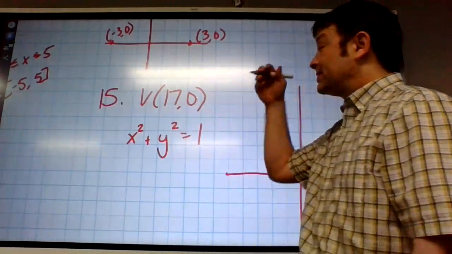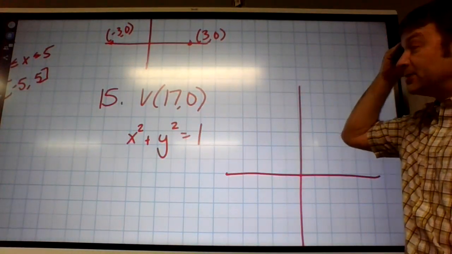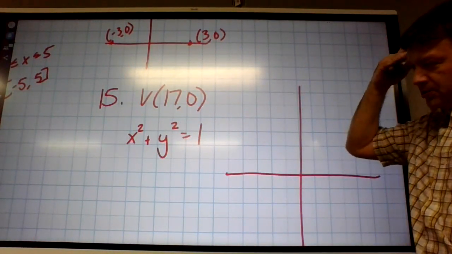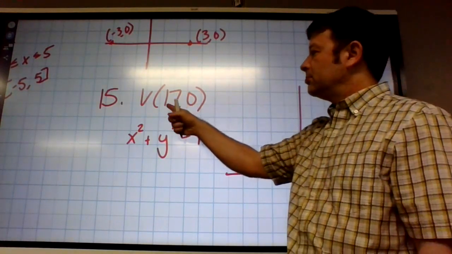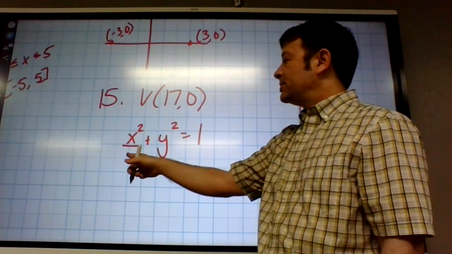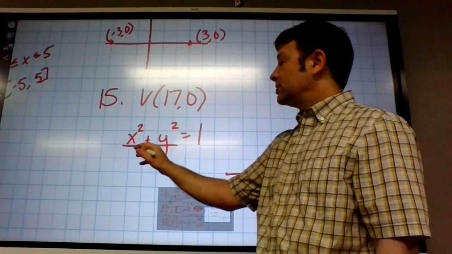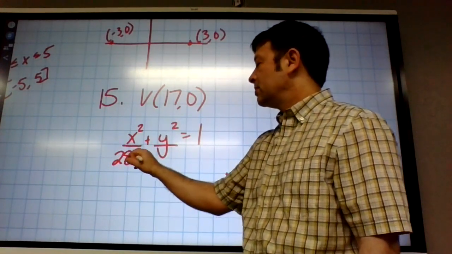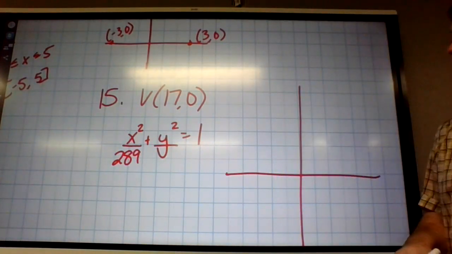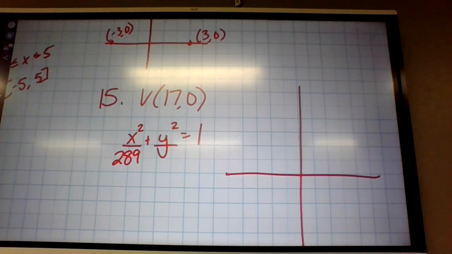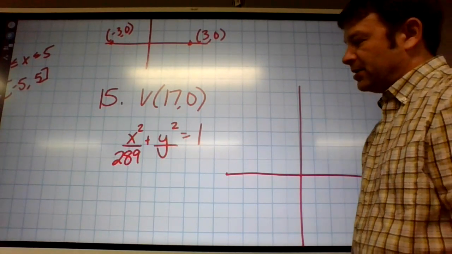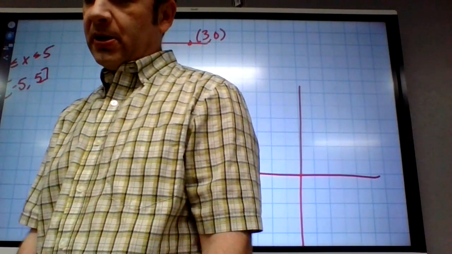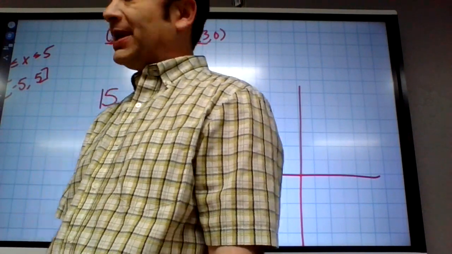If the vertex is at 17, 0, what does that tell me? X squared over 289. Right, this will be over 17 squared, which is 289. It also tells me that the x-axis is the major axis and the y-axis is the minor. Okay, the focus is 8, 0.